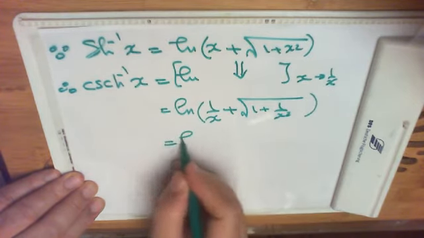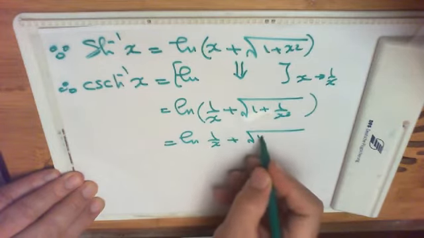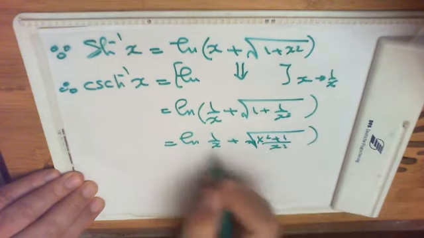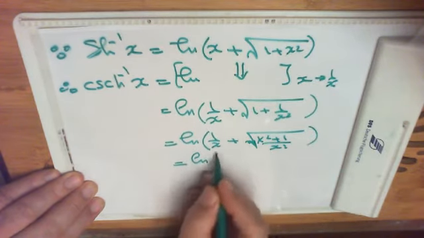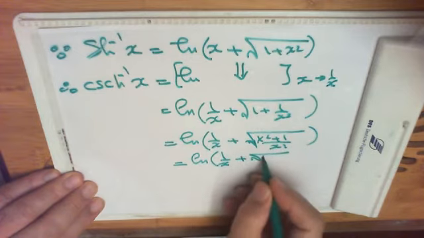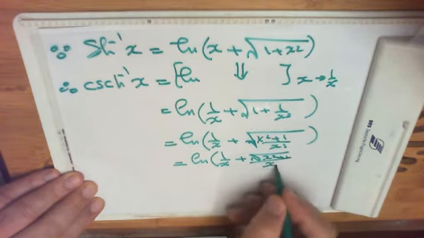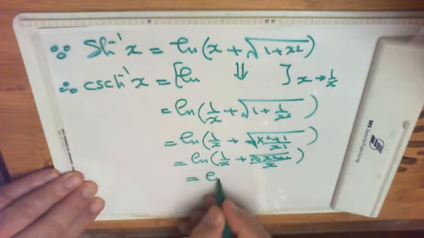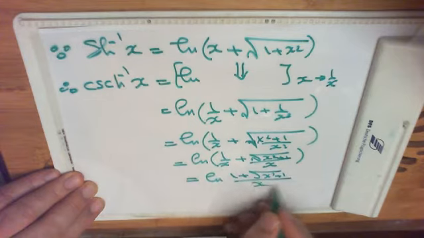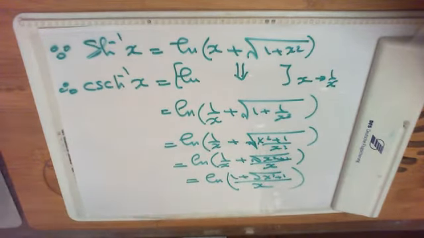Simplify: ln of 1 over x plus square root of x squared plus 1 over x squared, which is ln of 1 over x plus square root of x squared plus 1 over x. Simplifying, it is ln of 1 plus square root x squared plus 1, divided by x, which is the same result we already obtained.